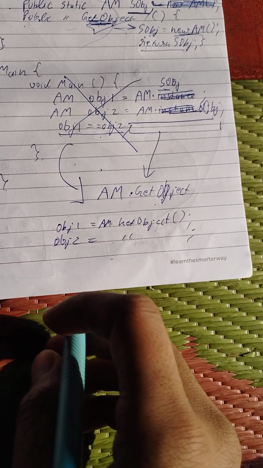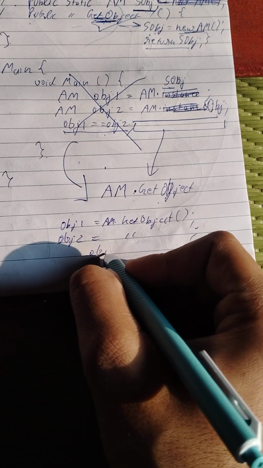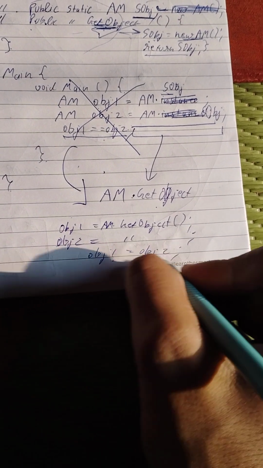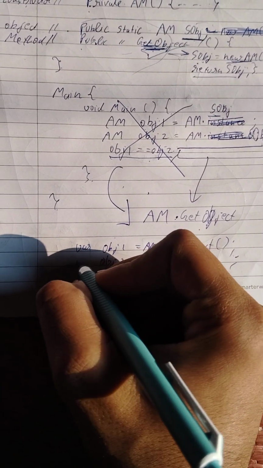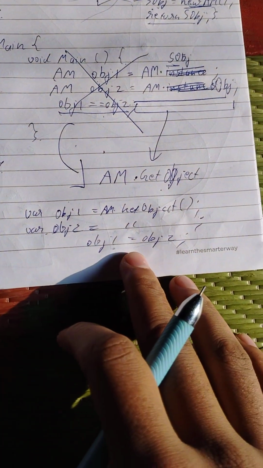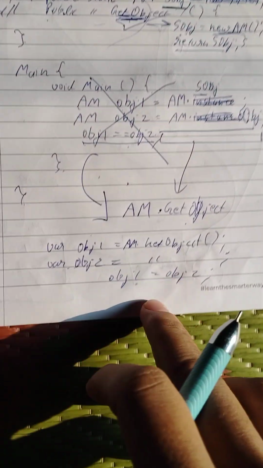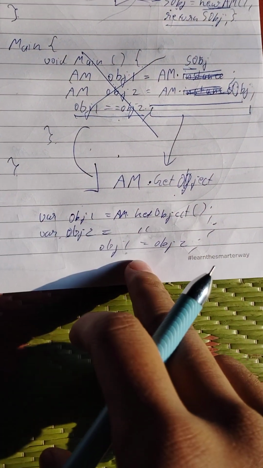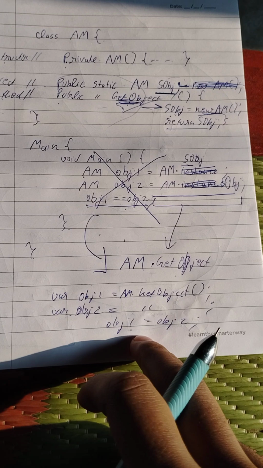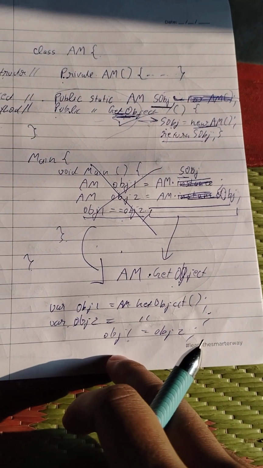Here also object1 equals object2 only, right? And there could be any variable like so. Okay, so here also it is the same as this, but it is a much simpler way of initializing. So this is also one way to call the singleton object.